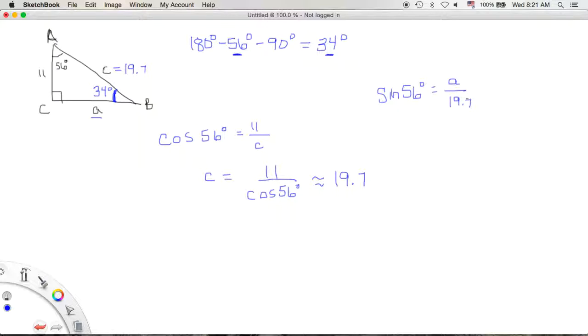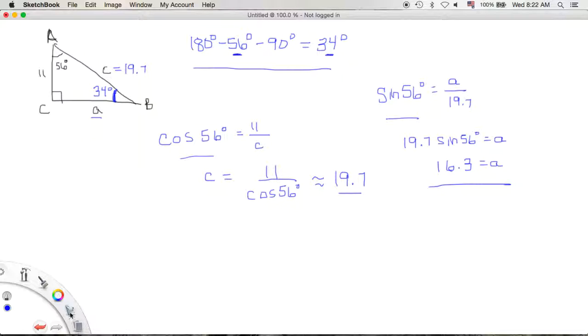It's really better if you leave this in your calculator with all the decimal places, so that we can get a more accurate answer. If you multiply 19.7 times the sine of 56 degrees, you're going to get A, and that's approximately 16.3. So those are the answers that we get. We start out with two pieces of information, use the fact that a triangle has 180 degrees in it, and our trig ratios, or you can use the Pythagorean theorem, and you can solve the rest of the triangle.